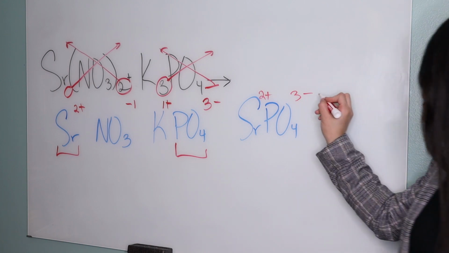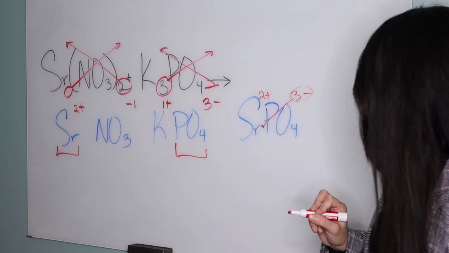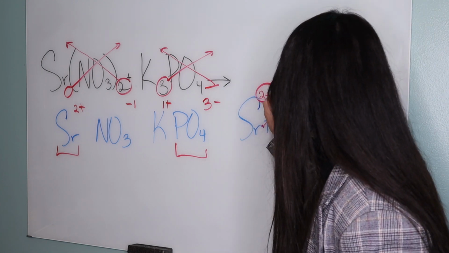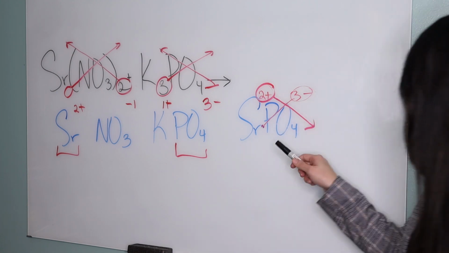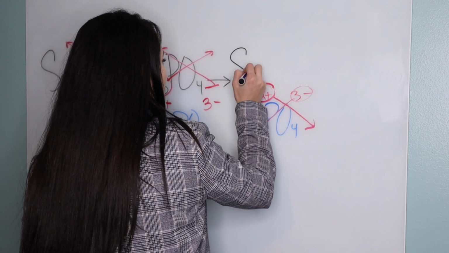After you do this, you're going to take this number and you're going to go down and across. And you're going to take this number and you're going to go down and across. So our final chemical formula for this first product is going to be this.